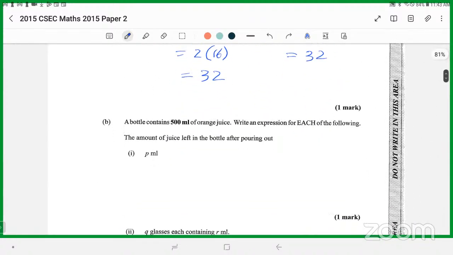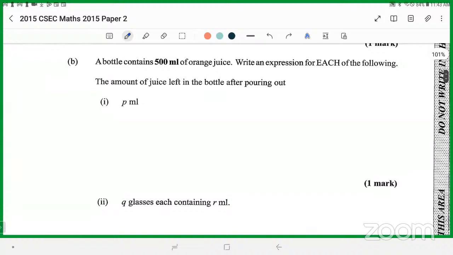Next question says, a bottle contains 500 milliliters of orange juice. Write an expression for each of the following. The amount of juice left after pouring out P milliliters.